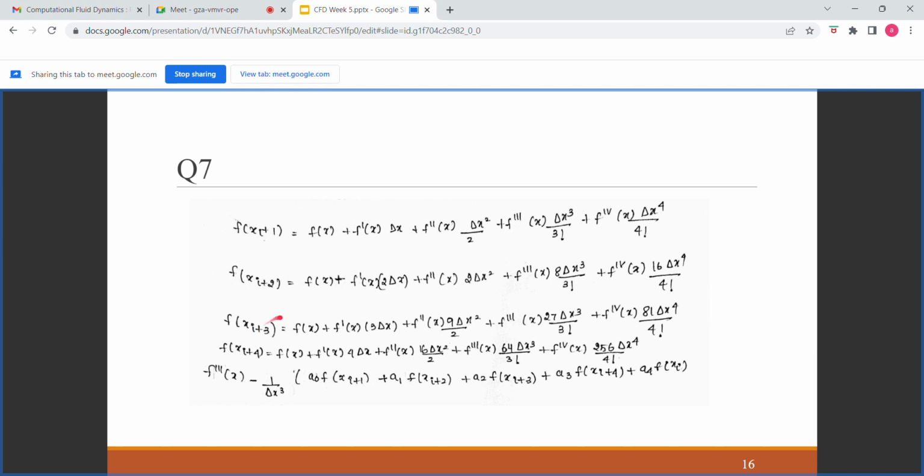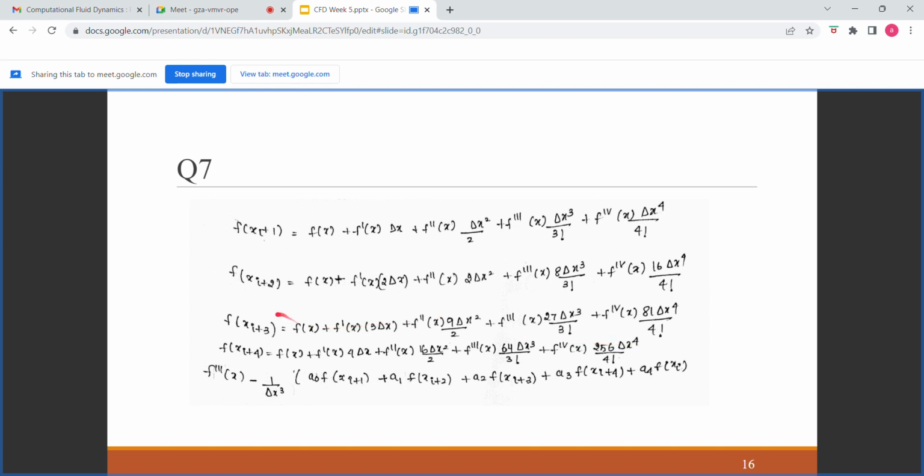It would be f of x plus f dash of x into 3 delta x plus f double dash of x into 3 delta x the whole square by 2 factorial, that is 9 delta x square by 2, plus f triple dash of x into 3 delta x power 3 by 3 factorial, that is 3 cube, 3 3s are 9 and 9 3s are 27, 27 delta x cube by 3 factorial, plus f fourth dash of x into 3 delta x power 4, 3 3s are 9, 9 9s are 81, 81 delta x power 4 by 4 factorial.